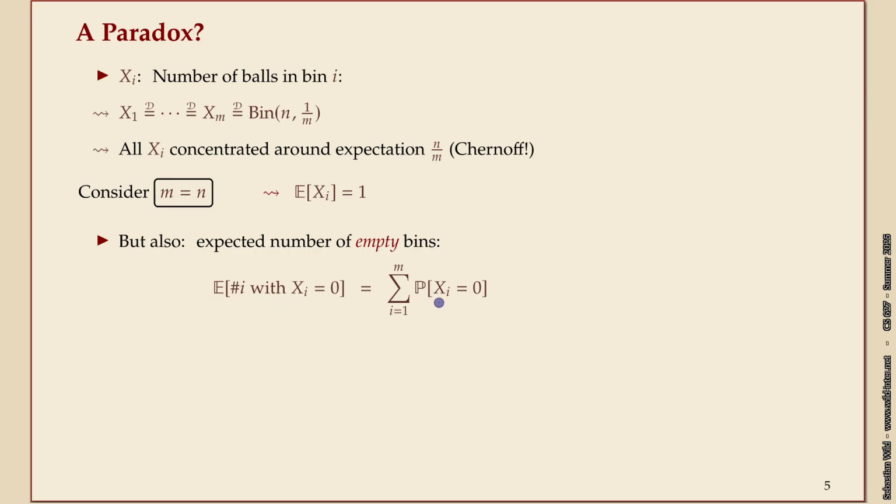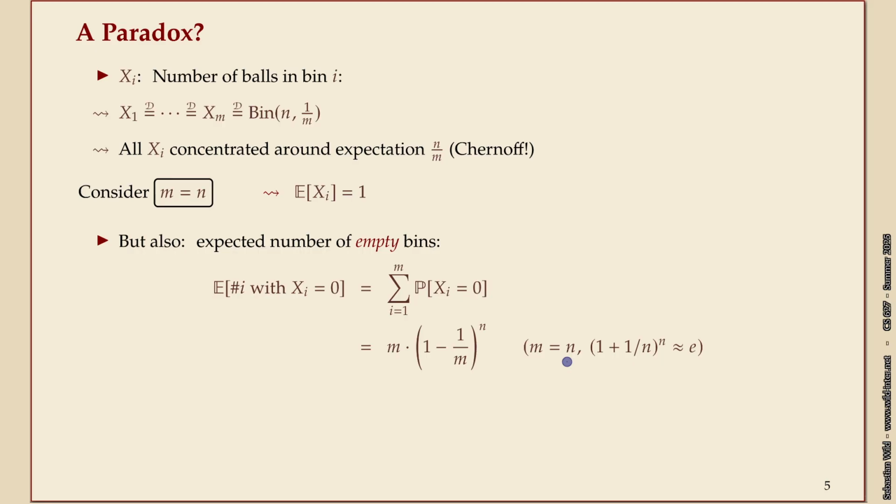And so by linearity of expectation, the expected number of empty bins is the sum over all the bins of the probability that the bin is empty. That, of course, we can compute. It's the same probability for each bin. It's m times the probability that all the balls fall not in this bin, so it's the counter probability of 1 over m, to the power n.